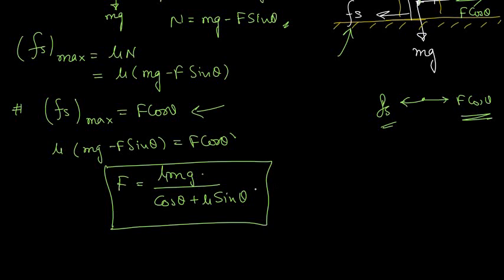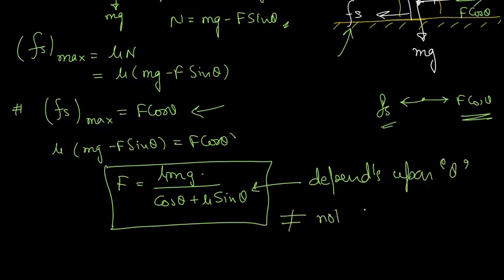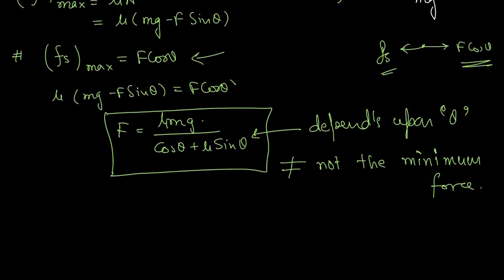Still, this force depends upon theta, so it is not the minimum force. If you want to find the minimum force from this expression, you have to use the concept of maxima and minima. Let me write it here very clearly. Your force becomes mu mg by (cos theta plus mu sin theta).